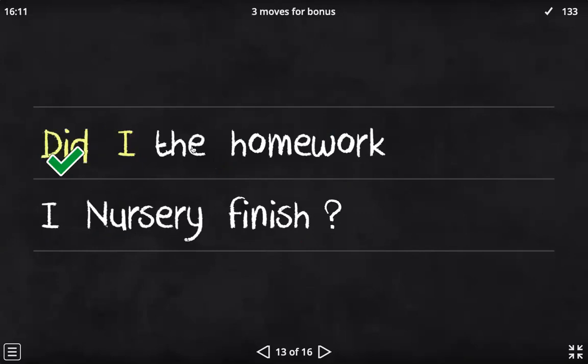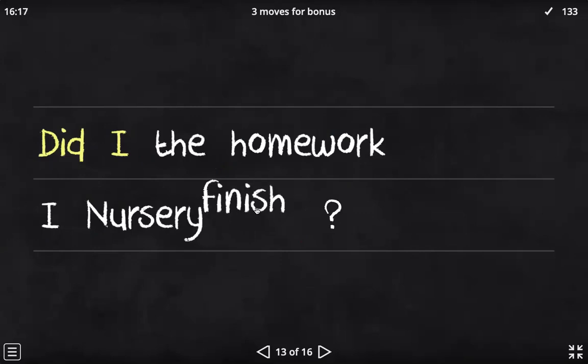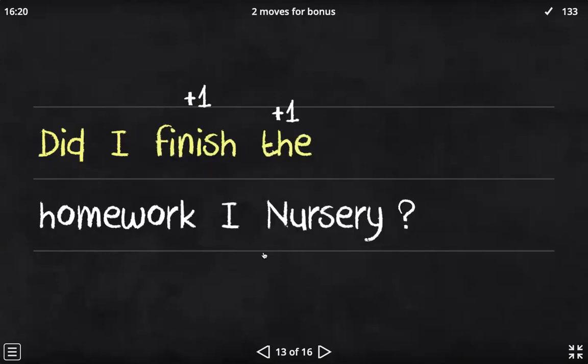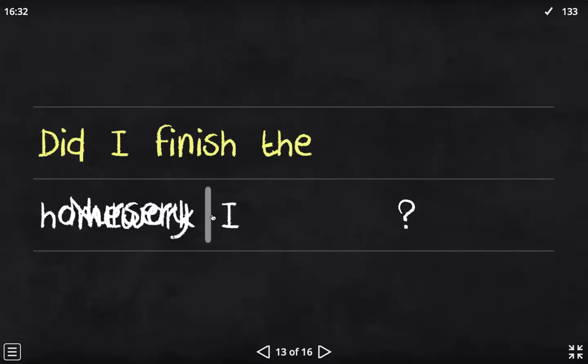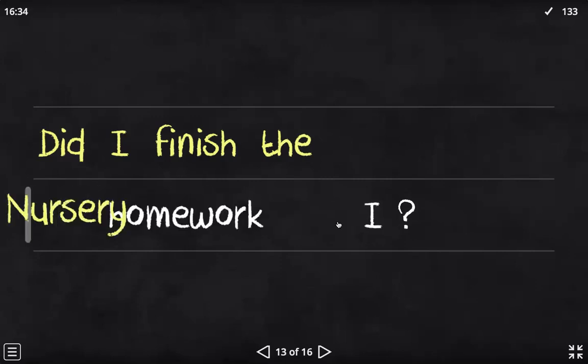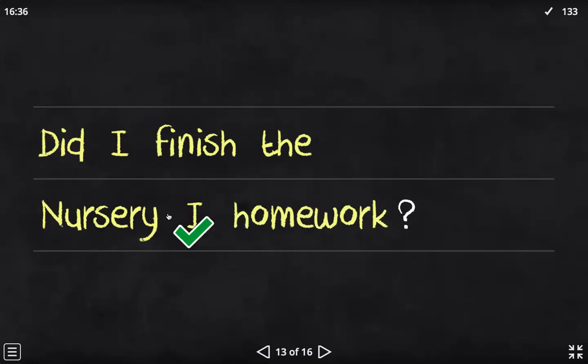Did I? The verb. Did I finish the... Esto tiene que haber sido una sola cosa, pero es como un número 1 este. Este es un número 1, no es una I. Did I finish the nursery 1 homework?